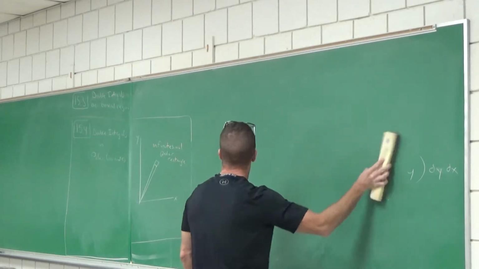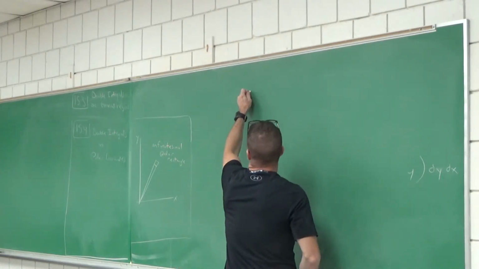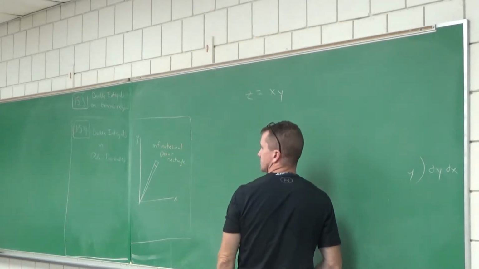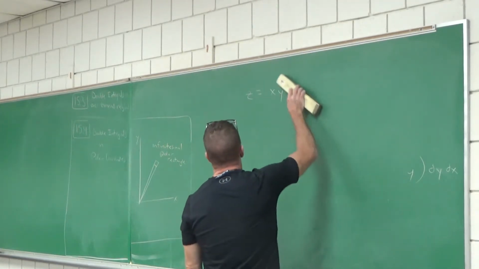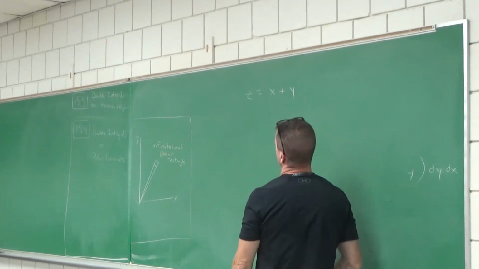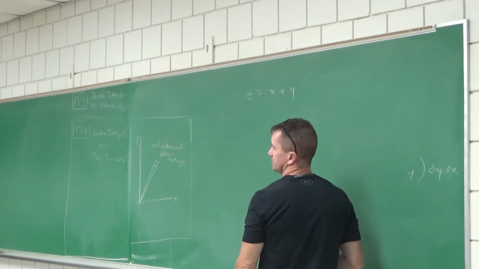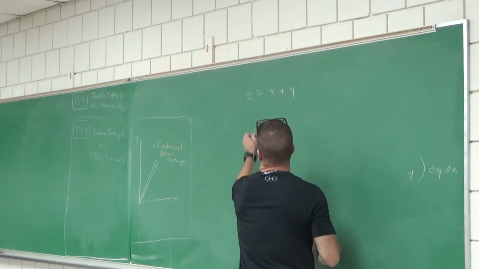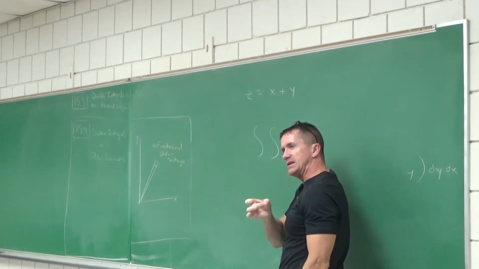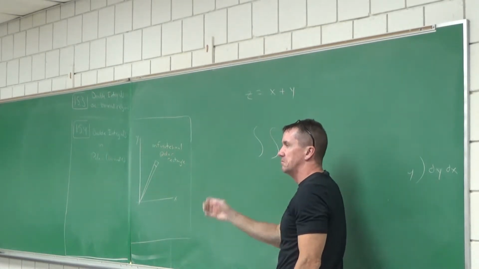All right. So let's just say this is your surface. Heck, I'll make it a plane. Z equals x plus y. And then we're going to find the volume underneath this plane over a disk centered at the origin of radius 2.